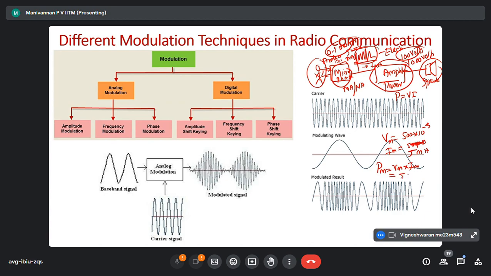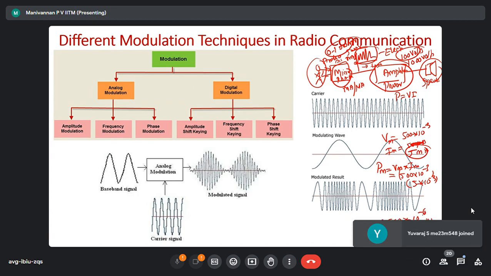That is 500 into 10 power minus 3 multiplied by 5 into 10 power minus 3, since I'm talking milliamps. That gives 25 multiplied by 10 power minus 6 watts, which will become milliwatts. So 0.25 into 10 power minus 2 watts is nothing but a few milliwatts.